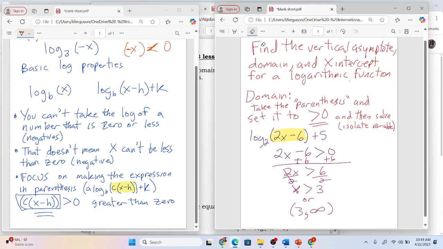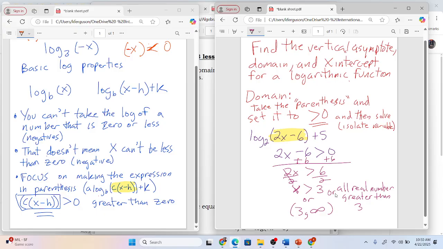So these are the ways that are acceptable if I'm asking you about domain. Or you could say all real numbers greater than 3. All 3 of those will be acceptable if I ask you about domain.